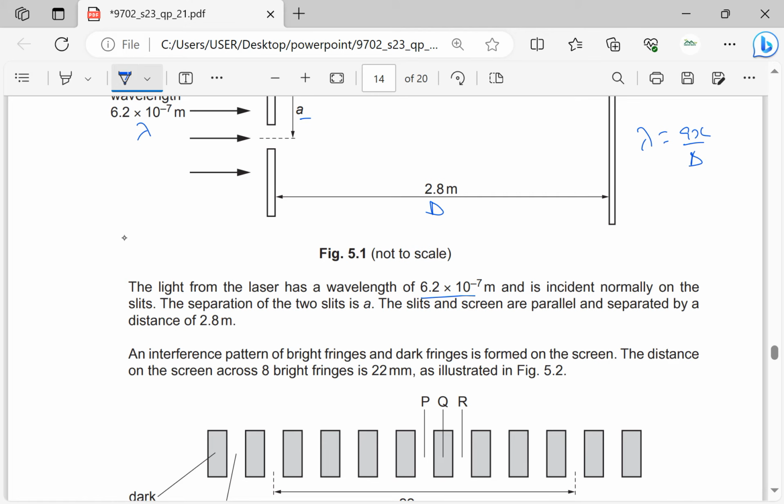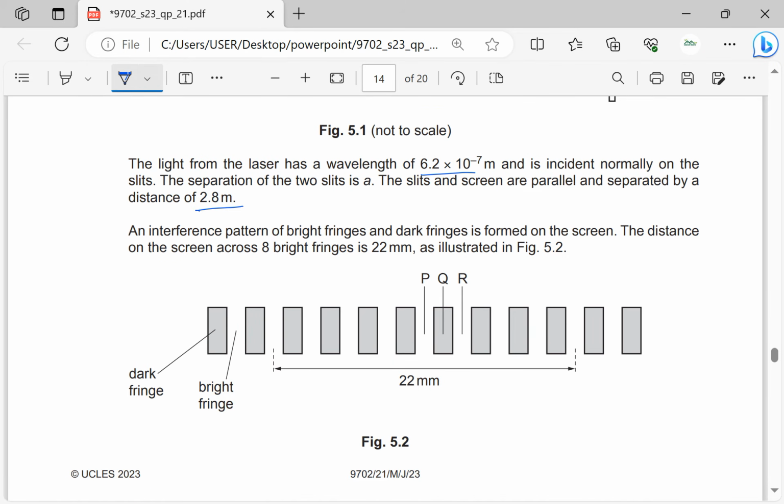The separation of the two slits is A. The slits and the screen are parallel and separated by a distance 2.8. An interference pattern of bright fringes and dark fringes is formed on the screen. The distance on the screen across 8 bright fringes is 22 millimeters as illustrated.